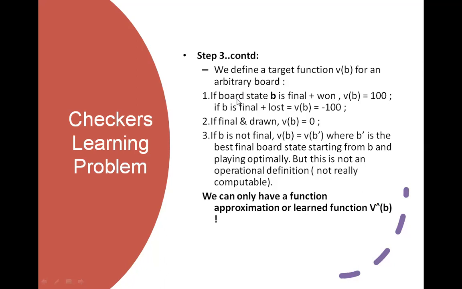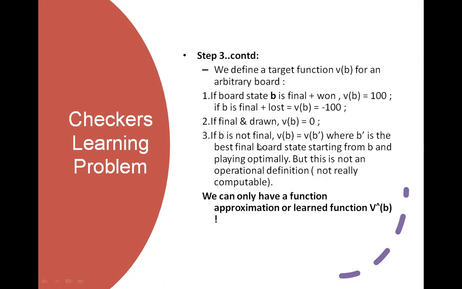And if it is a final state but the match is drawn, then V of B is equal to 0. Is it clear? If you are entering a final state and you win the match, 100. If you lose the match, minus 100. If it is final and drawn, V of B will be 0.